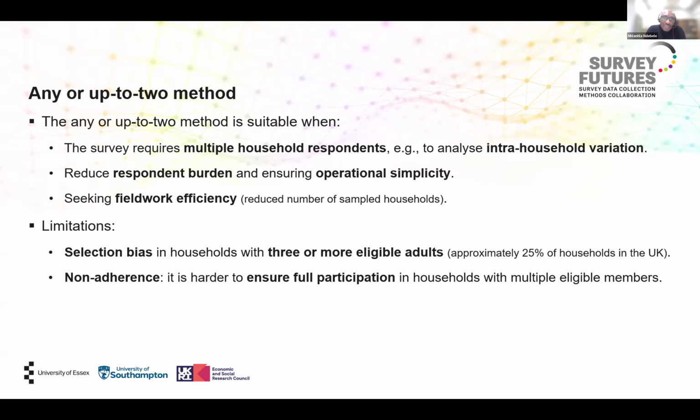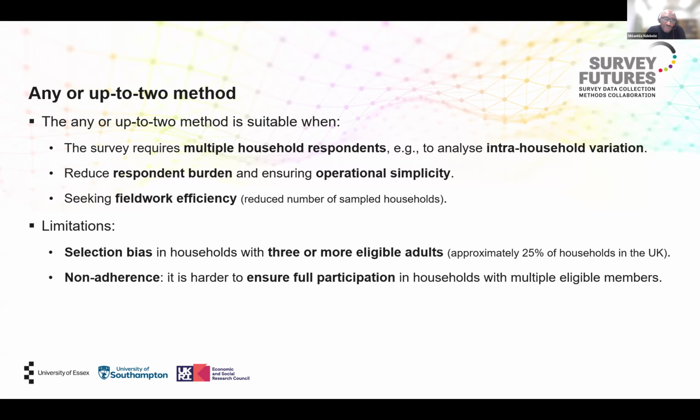It reduces respondent burden in that it's operationally simple to do. Plus, this can be used when you're seeking fieldwork efficiency, where you have a reduced number of sampled households, as opposed to selecting just one from a household. So we're getting 2 respondents from one household.